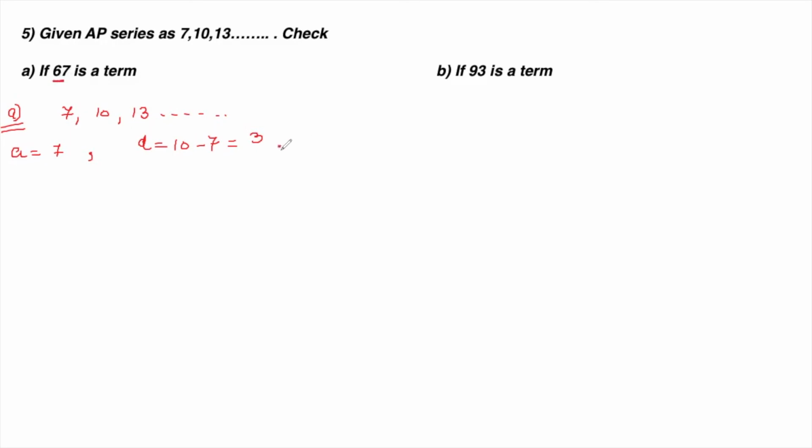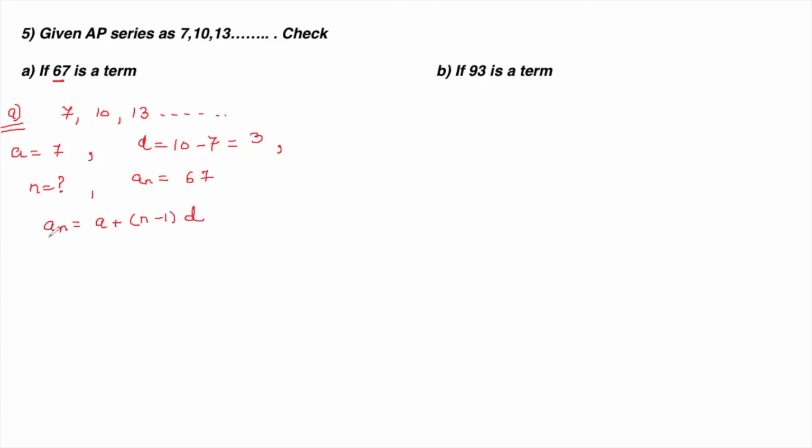Basically, we need to find the value of n, when the value of an, that is the value of the term, is already given to us as 67. We have the formula an = a + (n - 1)d.